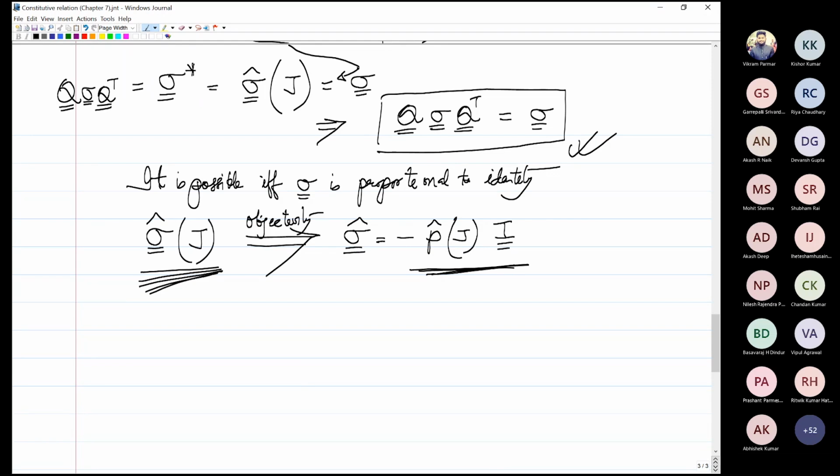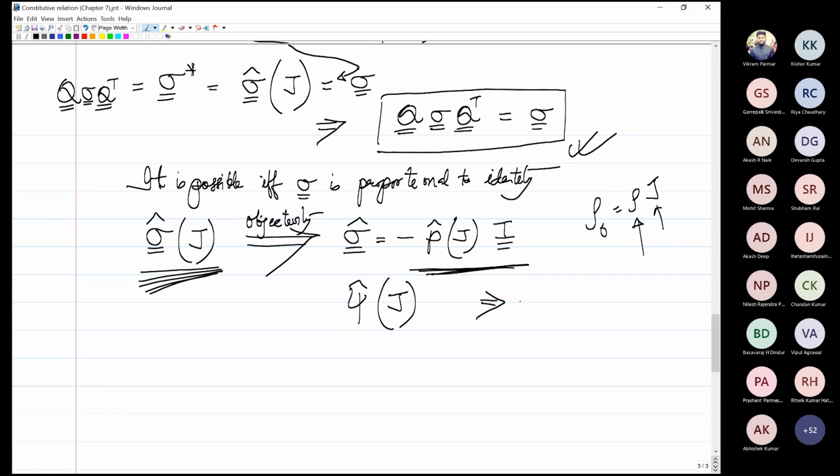Okay, so far we have gotten that objectivity implies sigma hat to be of this form, but for psi hat it does not put any restriction. Psi hat is just depending on J. Also you see that usually it is written in a slightly different form, because we know from mass continuity rho naught equal to rho times J. So dependence on J is equivalent to saying that it depends on rho, the current density.